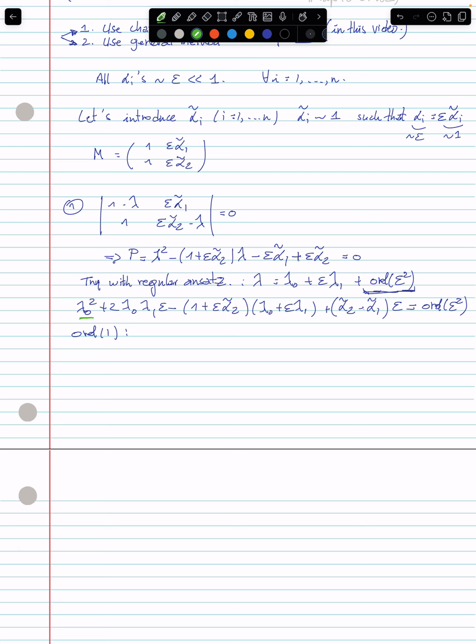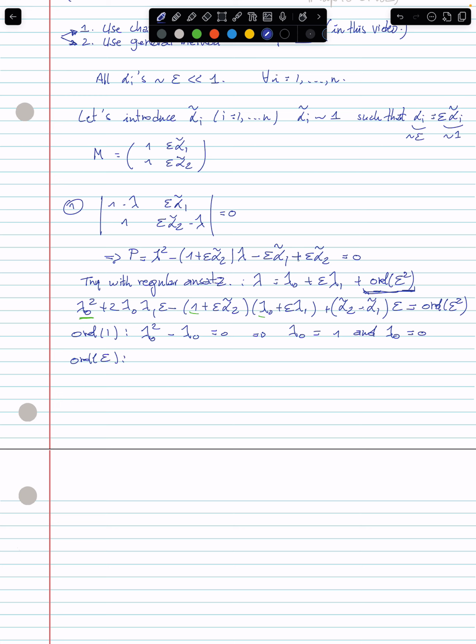So you see, when this is something usual, you notice right away where a few terms or a few mistakes are made. Then at leading, what we have is lambda 0 square minus lambda 0 is equal to 0, meaning that we have two roots at leading order. Lambda 0 is equal to 1 and lambda 0 is equal to 0.